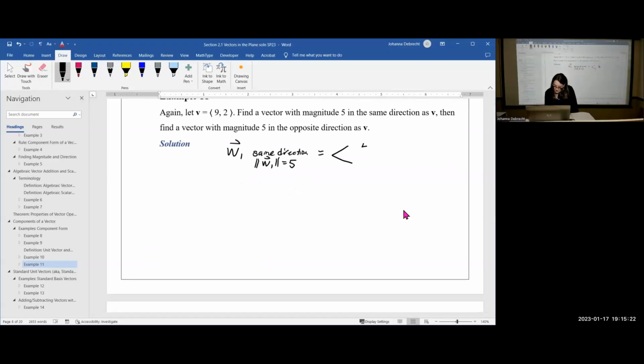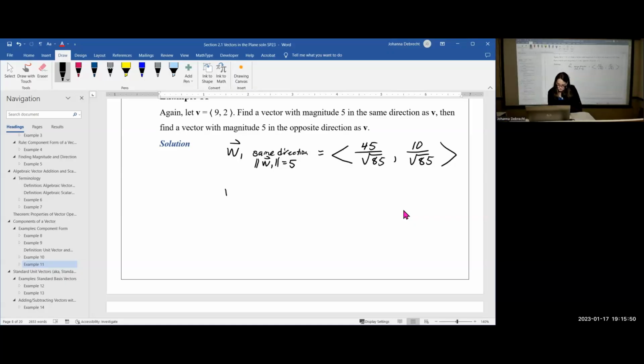So 9 times 5 is 45 over the square root of 85. And 2 times 5 is 10 over the square root of 85. Okay? And that gives you the same direction, but this time with a length of 5. And if you don't believe me, square these two, add them together, then take the square root. You're going to get 5, right?